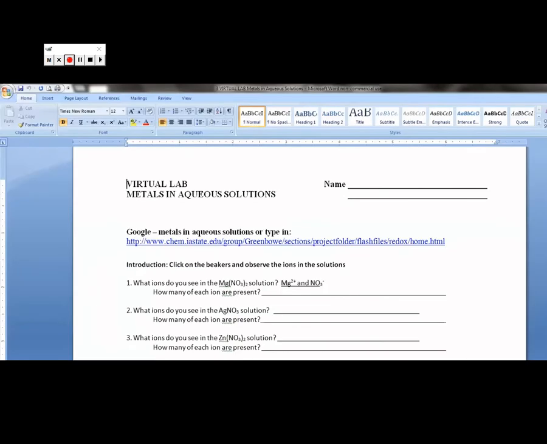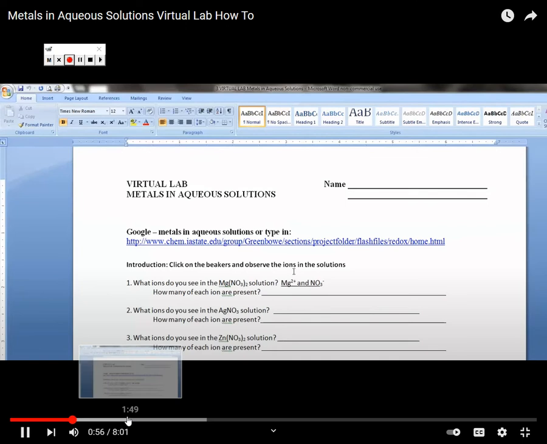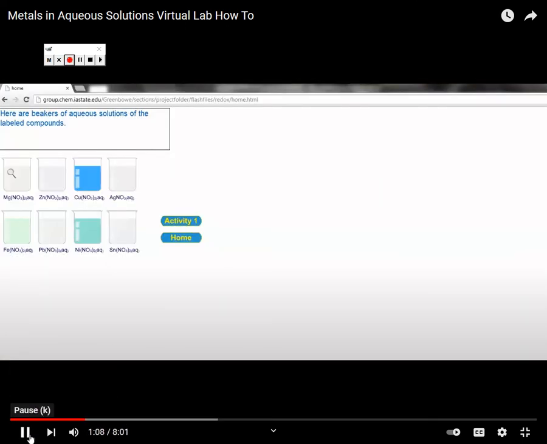So we did talk about this, that when you have a beaker of solution, technically that means that there is no solid in the beaker.